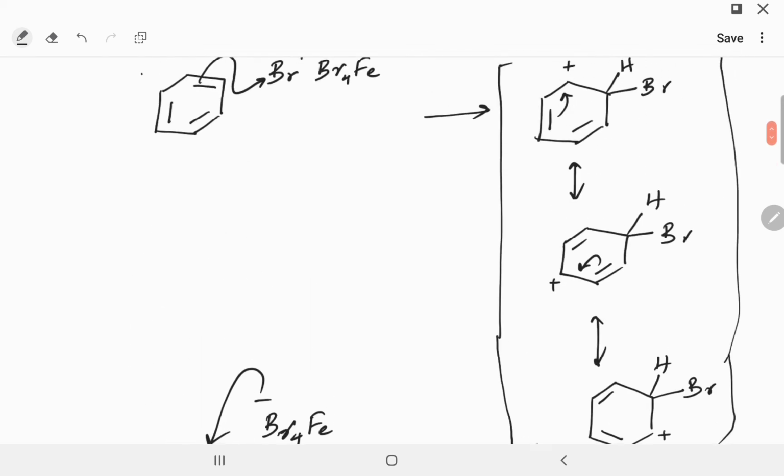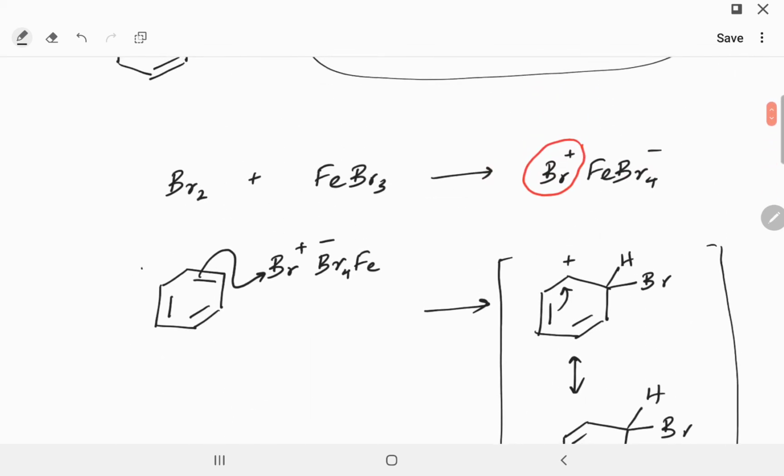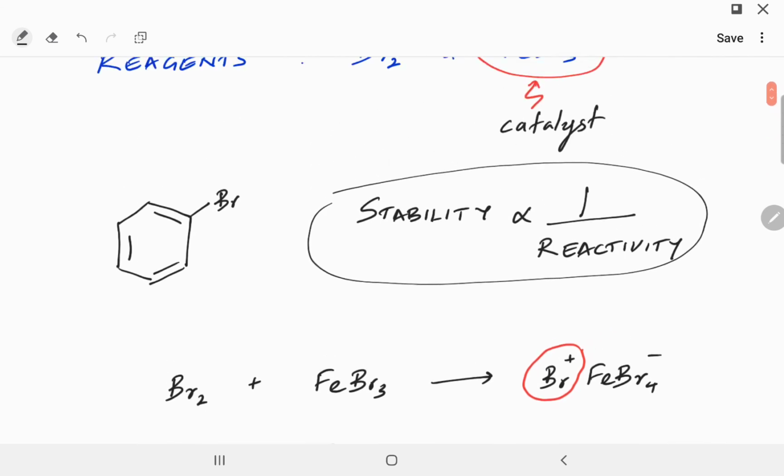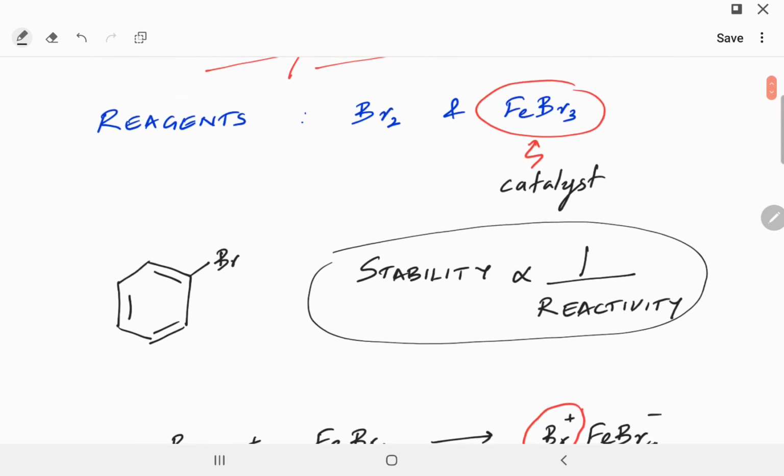Let me know if you have any questions. But this reaction is mainly for bromination. Chlorine and iodine can also react similarly, but fluorine will be a little bit different.